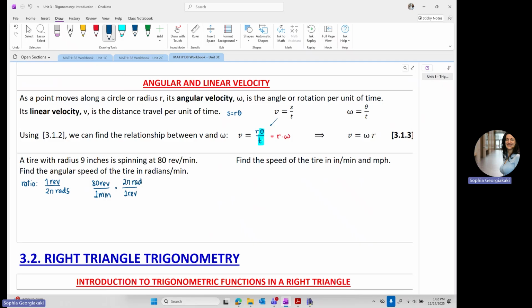Now notice here that I multiplied with the ratio in a way that the revolutions are simplified. And also I want you to remember that radians is not a unit, but it's actually just a placeholder. So I have 80 times 2 pi divided by 1. So the answer here will be 160 pi radians per minute as my angular speed.